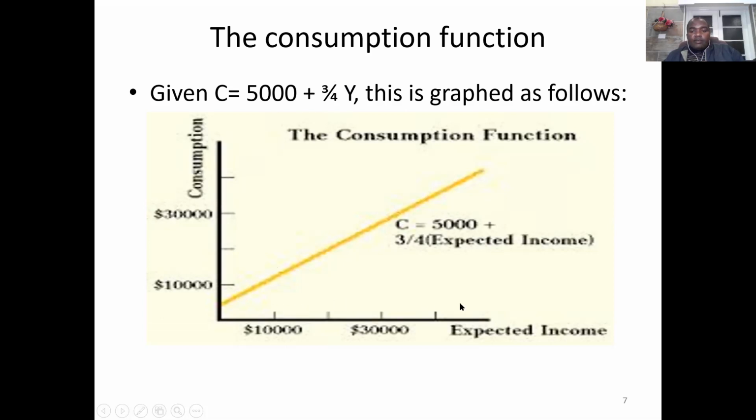And then this 5,000 would produce a horizontal line, which represents autonomous consumption, which obviously does not change since it's autonomous or independent of changes in national income. It doesn't change as income increases or decreases. But the income-induced part increases ad infinitum as national income increases.